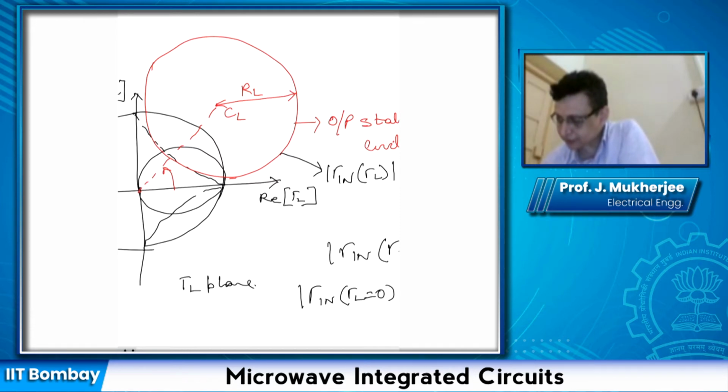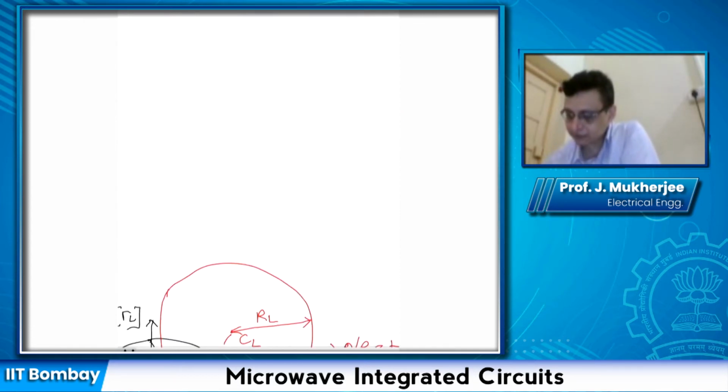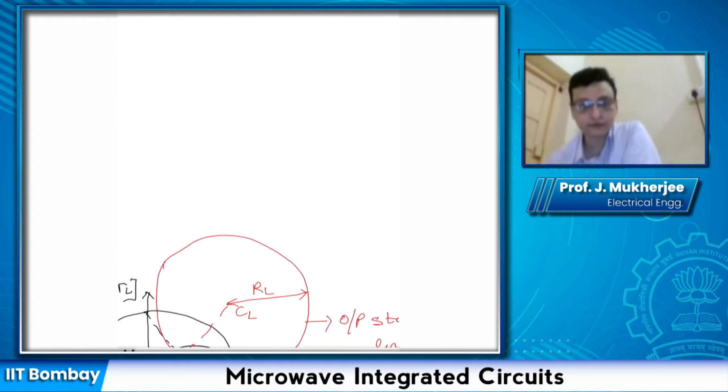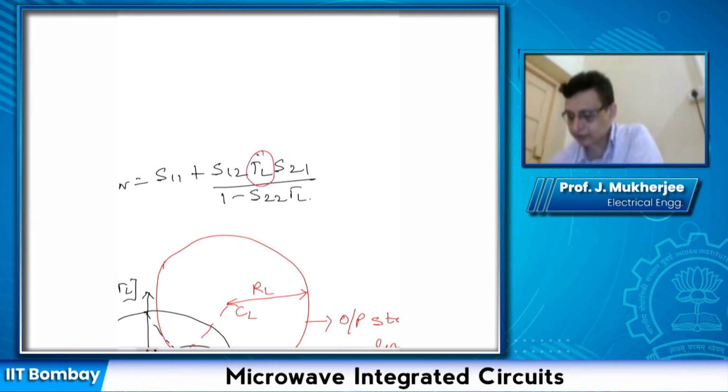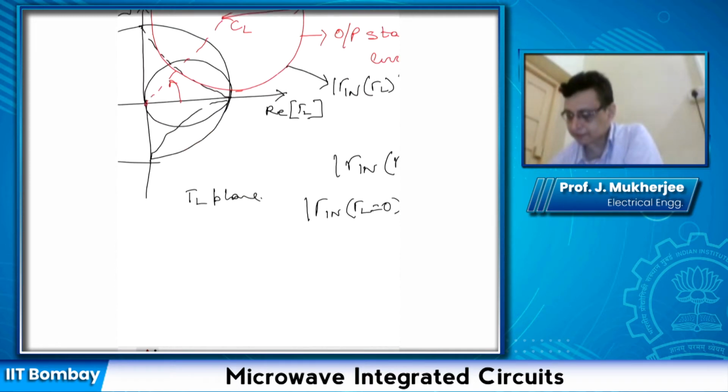That is nothing but S11, right? Because if you go back to the expression for gamma in, recall that gamma in is equal to S11 plus S12 gamma L S21 upon 1 minus S22 gamma L. So when gamma L is equal to 0, gamma in is equal to S11.